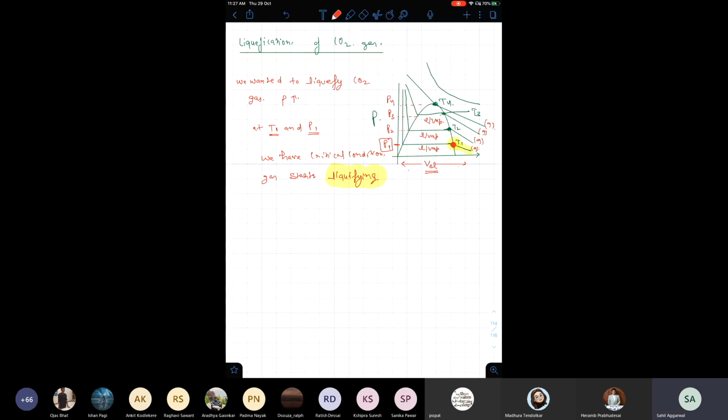If you take temperature T2, at temperature T2, pressure required will be how much? Pressure required will be P2.